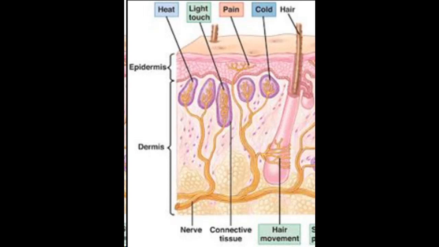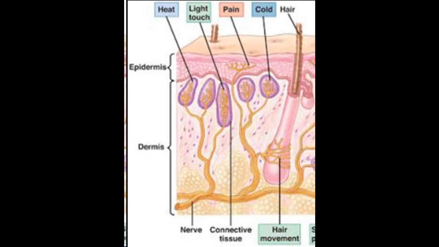The nerve fiber going to the brain is called a sensory nerve because it takes a sensory message to the brain. It is called the sensory limb. Since it is going towards the brain, it is otherwise called the afferent limb.